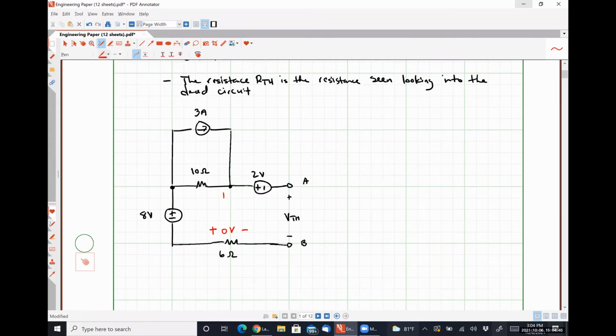What is the voltage drop over the 10 ohm resistor? Six? I disagree. How did you get 6?